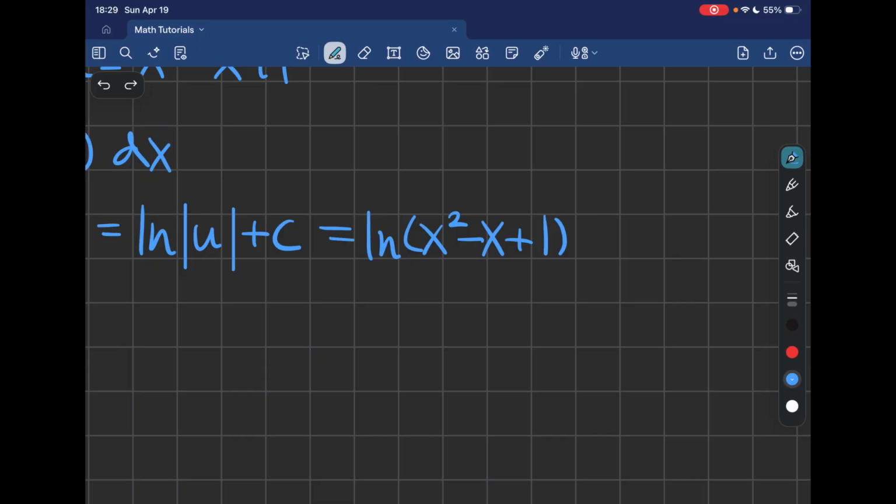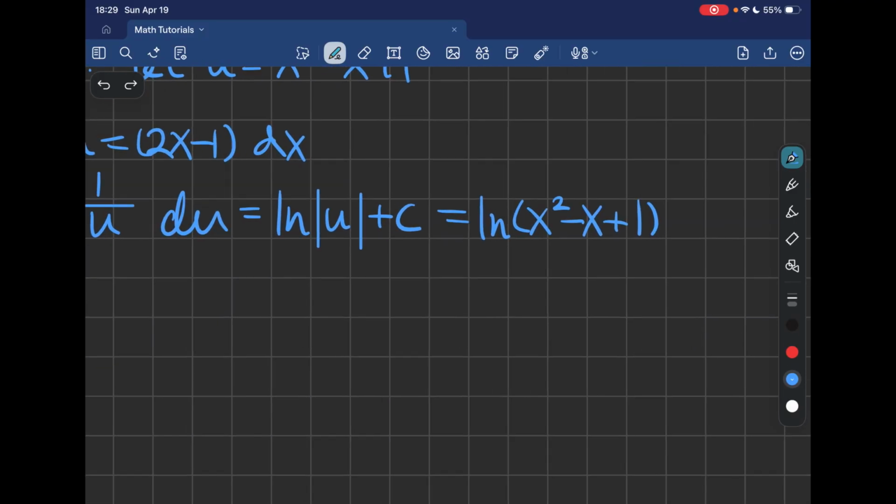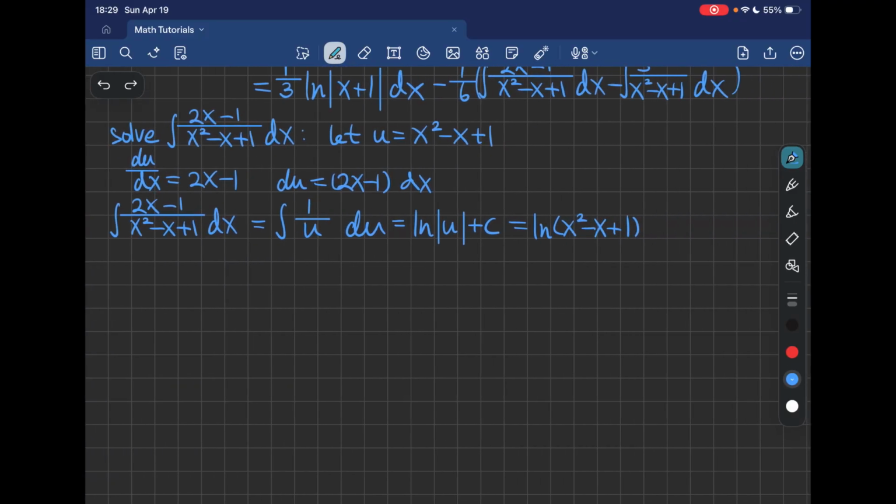If x is a positive value, then x squared minus x must be greater than 0, and plus 1 makes it still positive. And if it's a negative value for x, then this is positive, this is positive, and this is positive, so it's still positive. So that's why we don't need absolute value signs for now. You don't have to write plus c, so I won't write it here because we'll write it in the final answer.